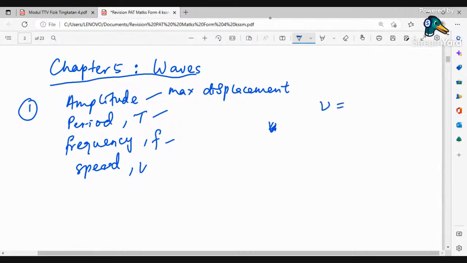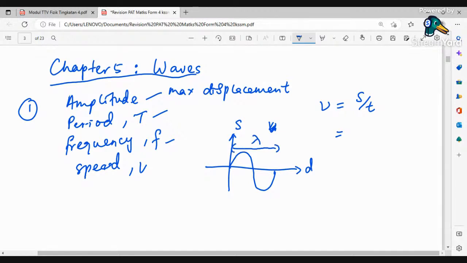From the formula of speed equals s divided by t, for an object like this graph, the st graph or distance against time graph, the distance traveled for one complete wave is lambda. The time taken is period.